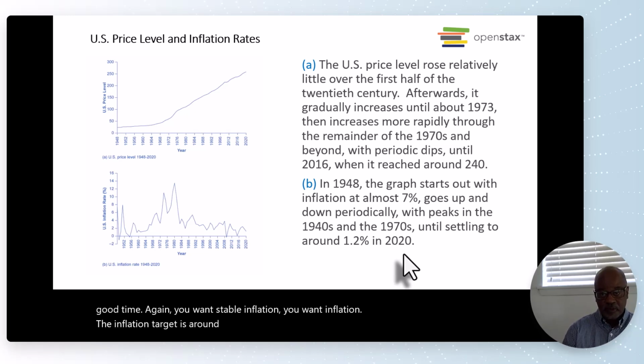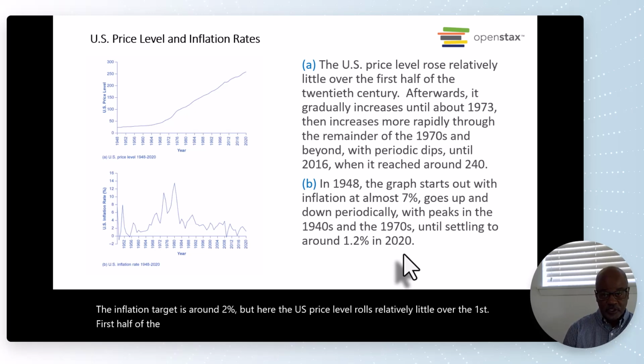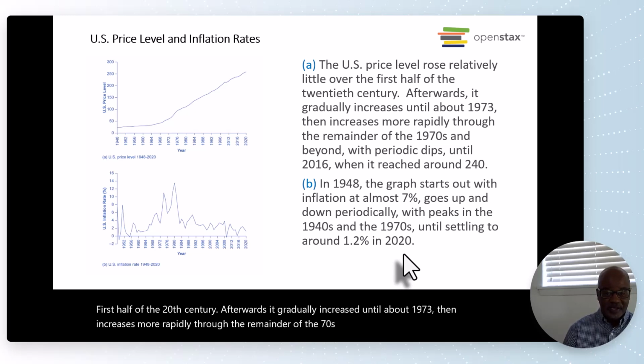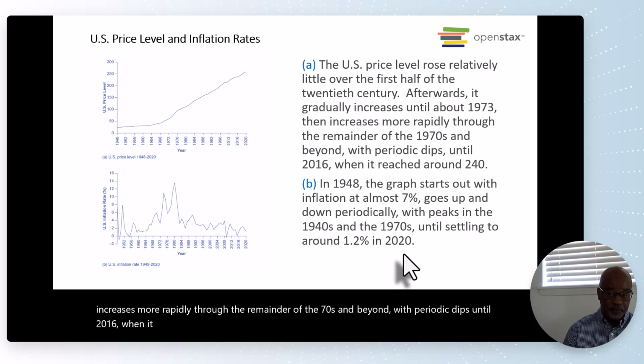But here, the U.S. price level rose relatively little over the first half of the 20th century. Afterwards, it gradually increased until about 1973, then increases more rapidly through the remainder of the 70s and beyond, with periodic dips until 2016 when it reached 240.